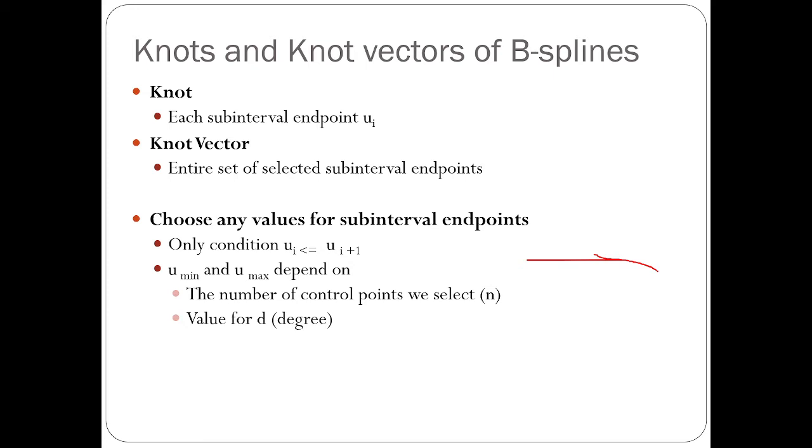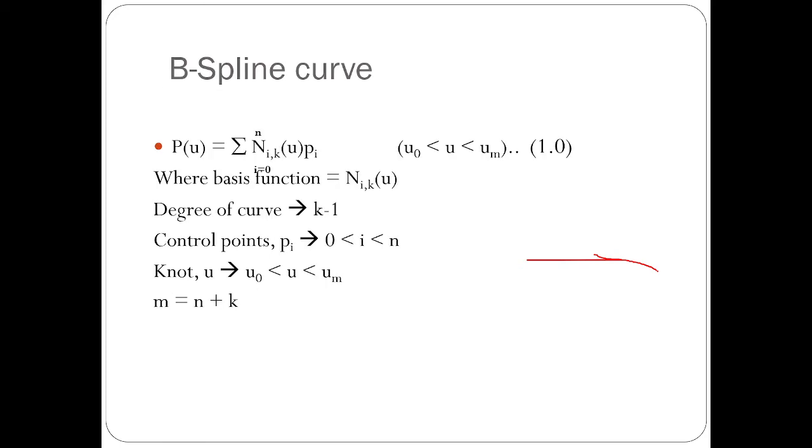u min and u max depend on the number of control points we select, n, and the value d, which is the degree. So P of u equals the sum of N i comma k of u times P i, where u0 is less than or equal to u, which is less than or equal to um, that is 1.0.